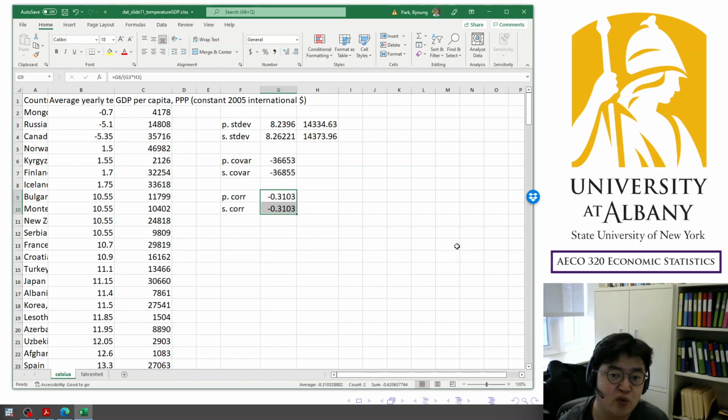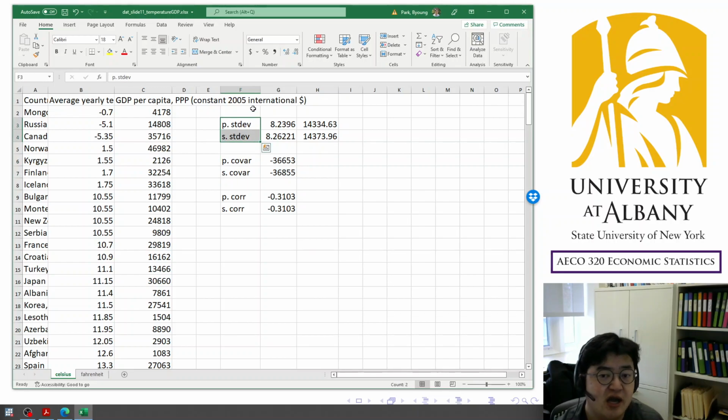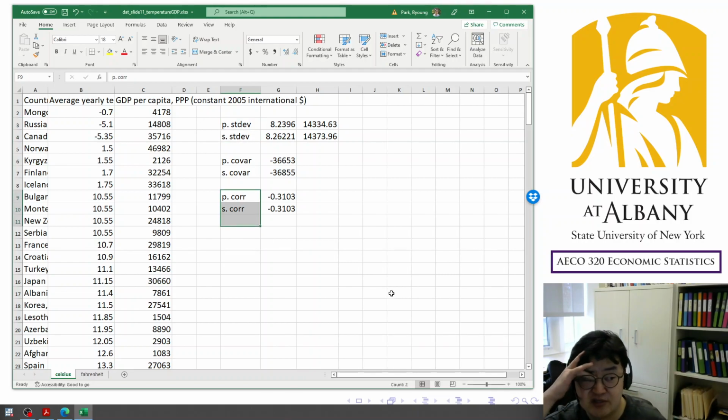In the correlation coefficient, we do not distinguish the population formula and sample formula, because in the end the denominator n-1 or n will be cancelled out. When you use n or n-1 in the covariance, you also use the same denominator in the standard deviations, and you divide one by the other, so they cancel out. So the correlation coefficient has no difference in those two formulas.